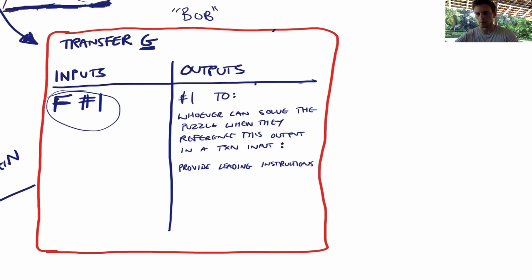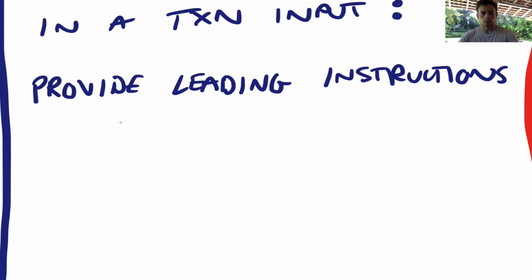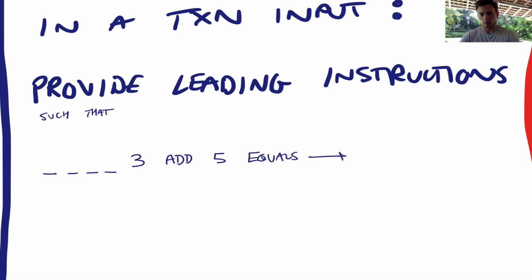Let's zoom in a little bit, such that these leading instructions here, in the script language at the beginning of the video, when placed in front of 3, add 5, equals, evaluates to true.